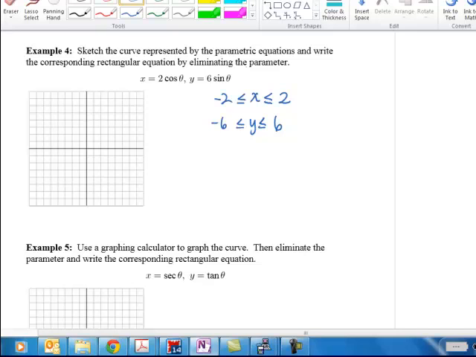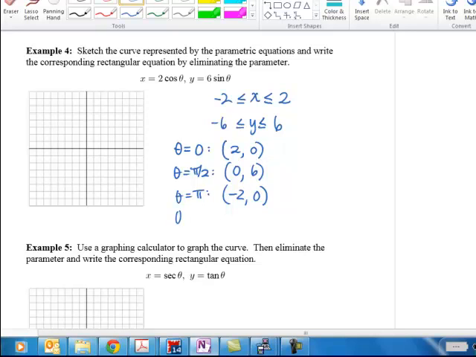And then let's just look at a few specific theta values. If theta equals 0, we'll have 2 cos 0, which would be 2, and 6 sine 0, which is 0. When theta is pi over 2, we'll have 2 cosine pi over 2 and 6 sine pi over 2. When theta is pi, we would have -2 and 0.